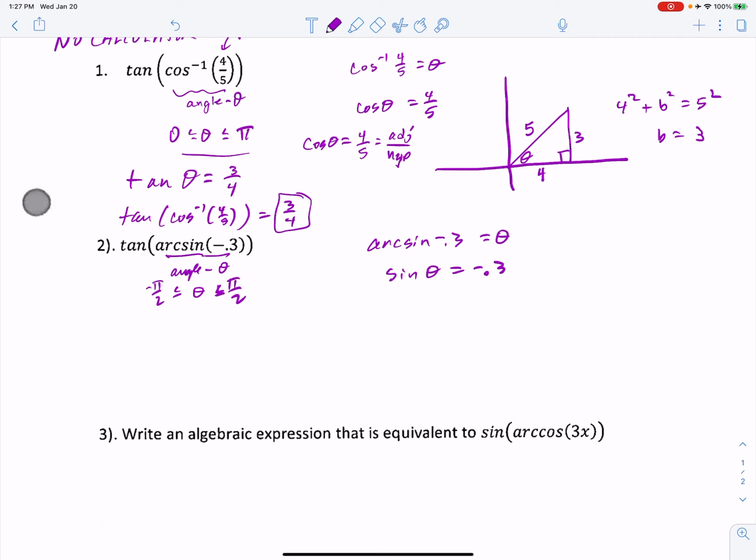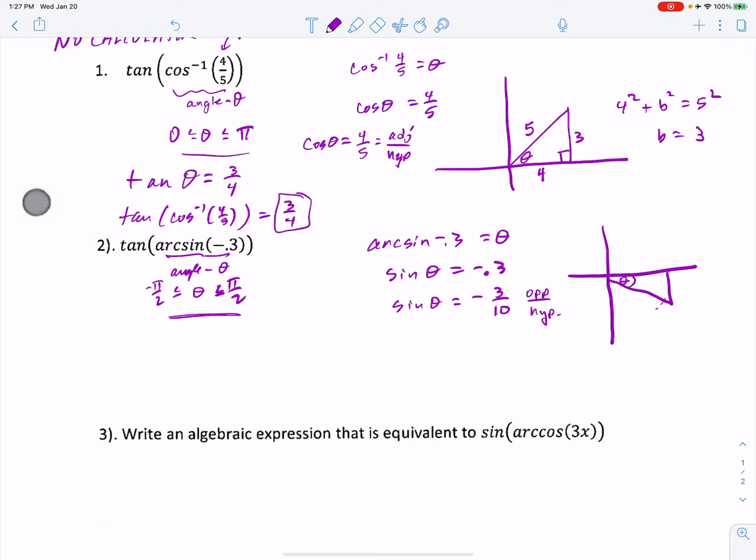And so I can think of that as sine of theta is negative 3/10, and sine is opposite over hypotenuse. But since theta has to be between negative pi halves and pi halves, but it has a negative ratio, then I'm going to be rotating this direction and drawing a triangle in quadrant 4.